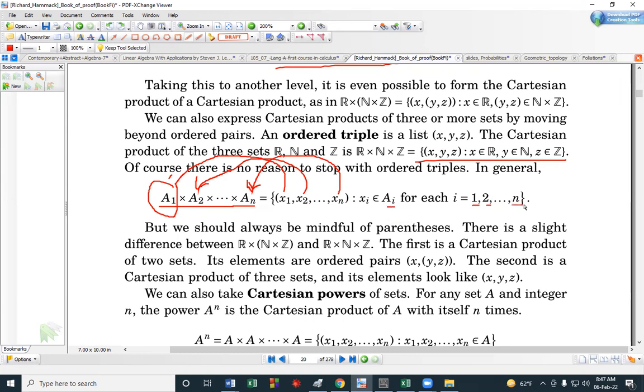Similarly, up to, if I is n, that means Xn is an element of the set A. And remember, this is an ordered n tuple. If you switch between two elements or two components of these n tuples, then you have a completely different tuple. And that way it is an ordered tuple.